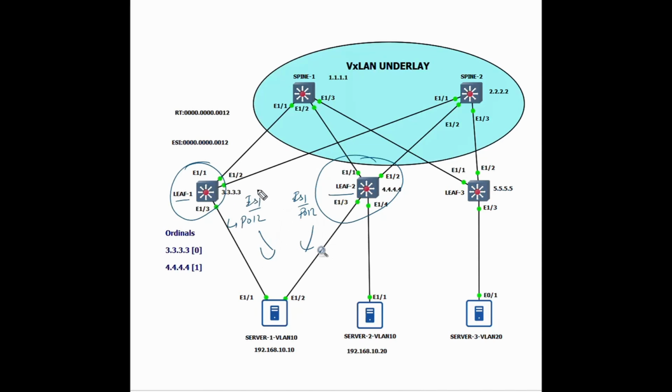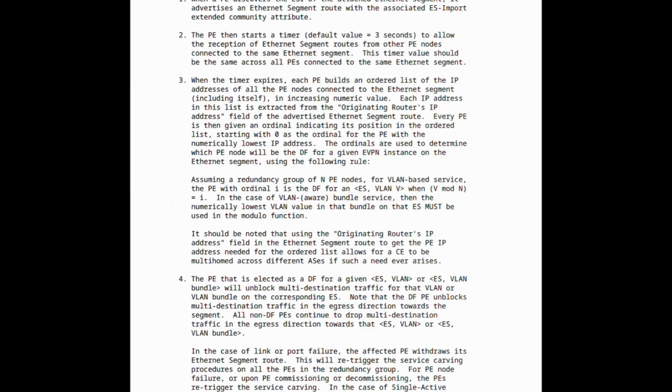So they will form a redundancy group, and the number of leaf switches in this redundancy group is the value of N in this calculation. So N in this formula represents the number of leaf switches in this redundancy group, and the formula V mod N generates a value which is I, and that's exactly what we will be discussing next.